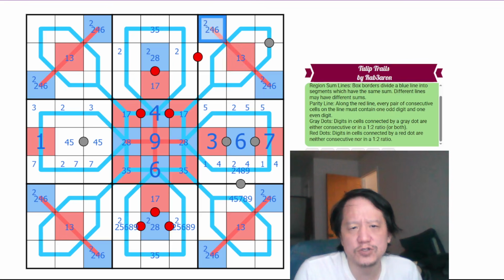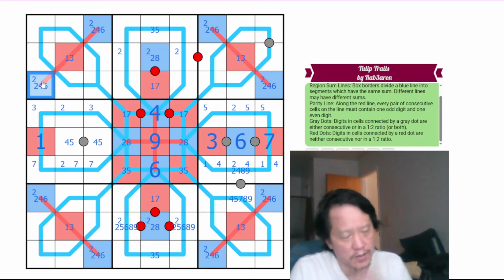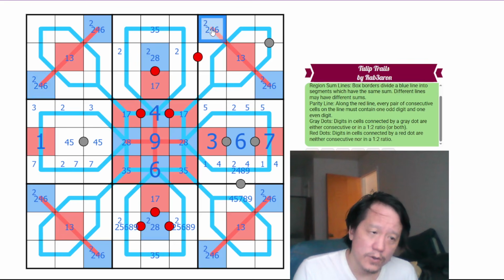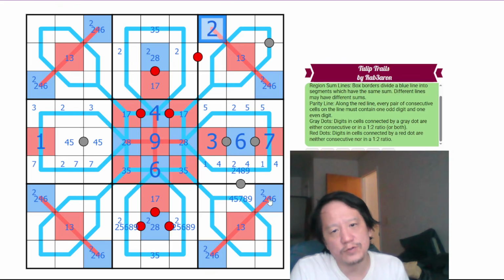So if this is 2, that means 2 has to be there, 2 is there, and 2 is there. So if we have 2 there, that's 2. This would be 2, and that would be 2. This would have to be the one that corresponds with the 1 or 3.